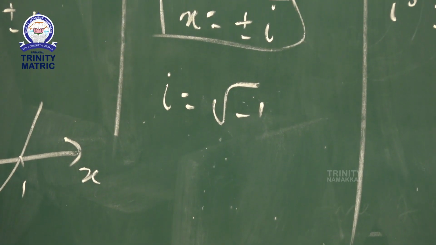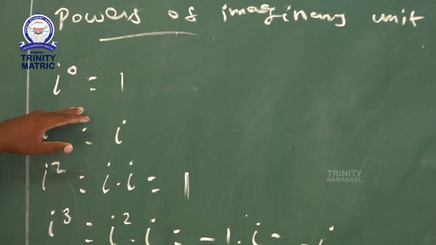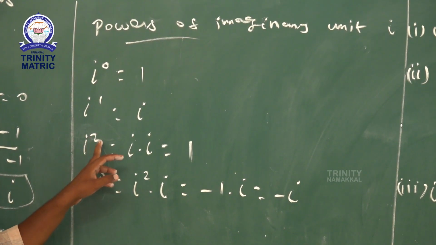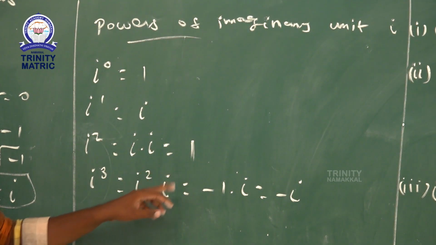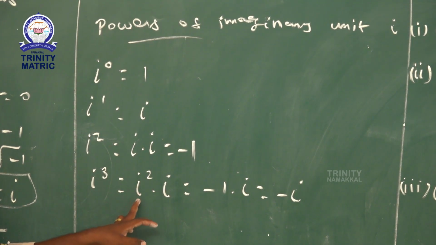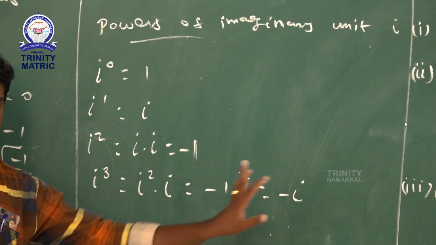Okay, next we go to powers of the imaginary unit i. Here i power 0 is equal to 1, i power 1 equal to i, i squared equal to i into i, thus minus 1. Next, i cube is equal to i squared into i. Here i squared means minus 1 into i, thus equal to minus i.